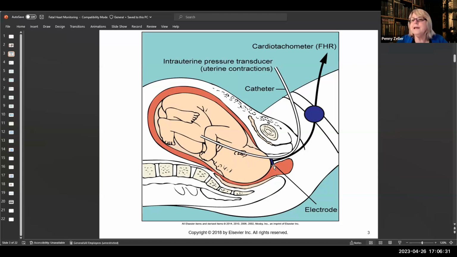And then the other is an electrode, just like you put on the chest. We're going to put it on the baby's head. Well, the cervix has to be dilated and the membranes have to be ruptured before we can actually attach it to the actual head, because we have to reach up inside the uterus.